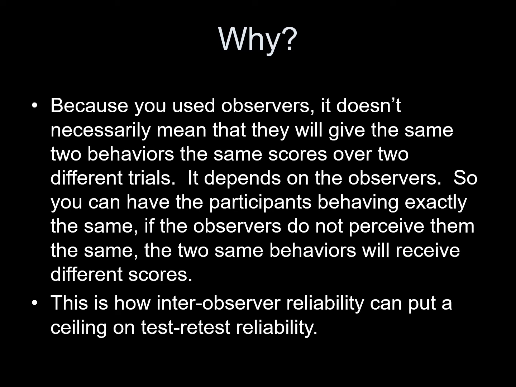And another way that you can do this, as we said before, is you can train them, and then you can run a small pilot of studies in which you have 2 or 3 or 4 observers that rate exactly the same event, and then you're trying to have them be as consistent with each other as possible.